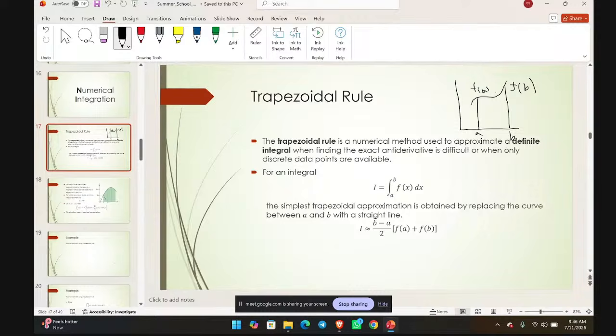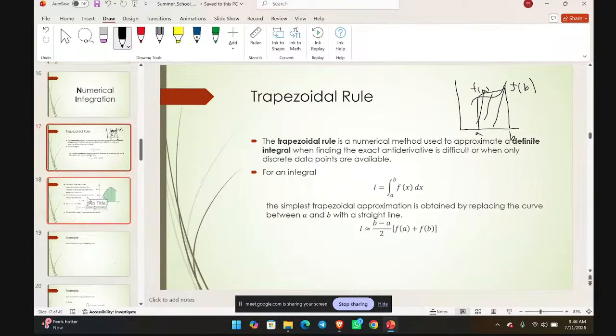So what is the basic approximation possible for a curve? It's a line. So we approximate this curve with a line joining these 2 points. So if we want to calculate this area, we can approximate it using the area of this trapezium. As we know, the area of a trapezium is height times the average of the parallel sides. So this integral turns out to be (b minus a) by 2 times (f of a plus f of b).